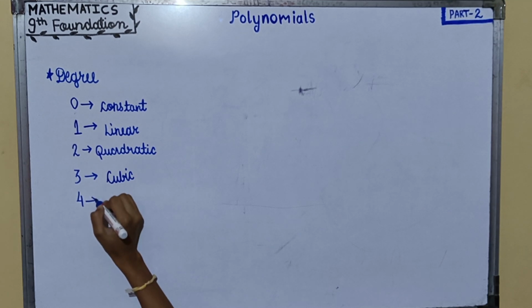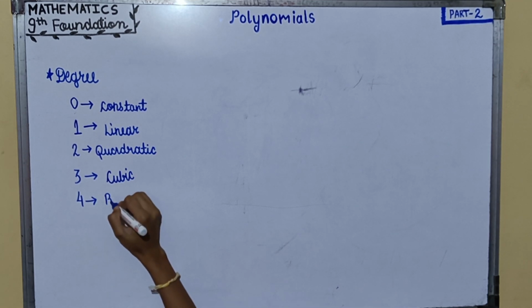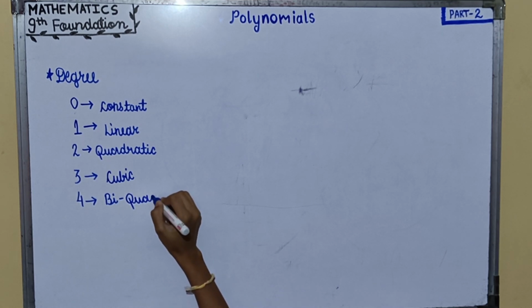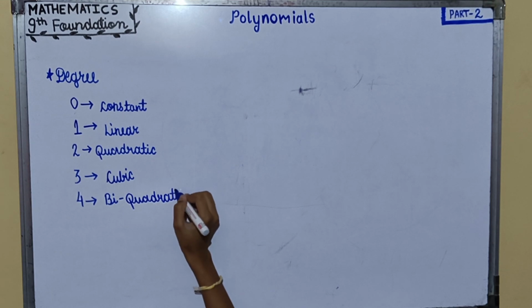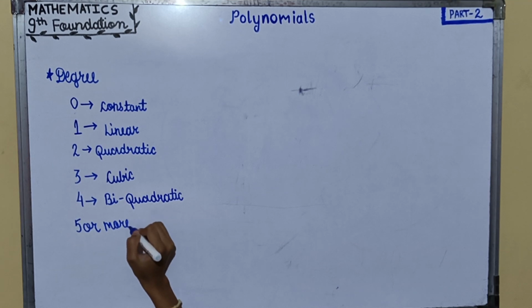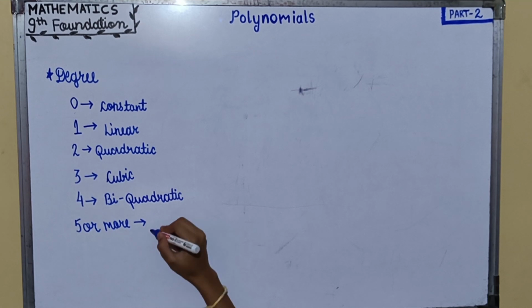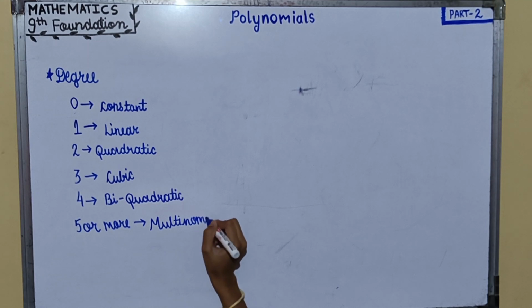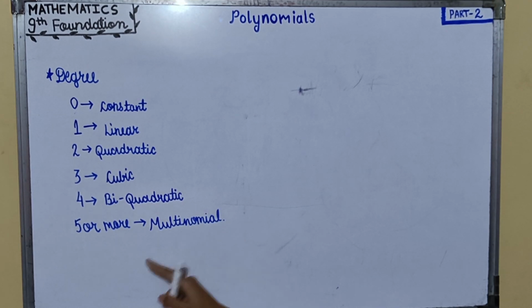If the degree of polynomial is 4, it is called biquadratic polynomial. And if there is 5 or more degree, means 5, 6, 7, more than 5, then it is called multinomial. Some people say it is also called the polynomial, but you have to say it multinomial.